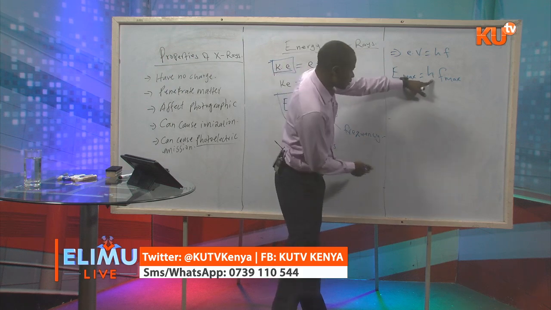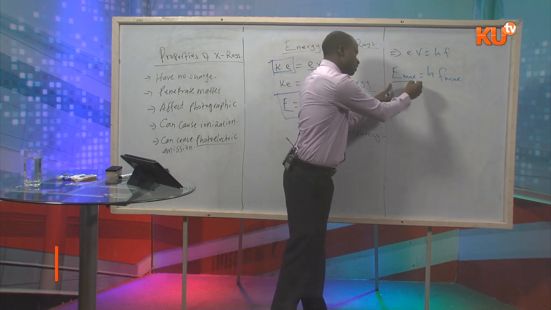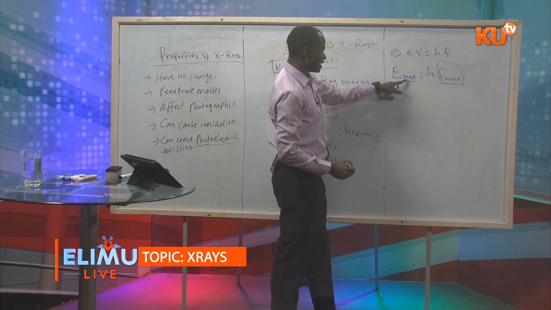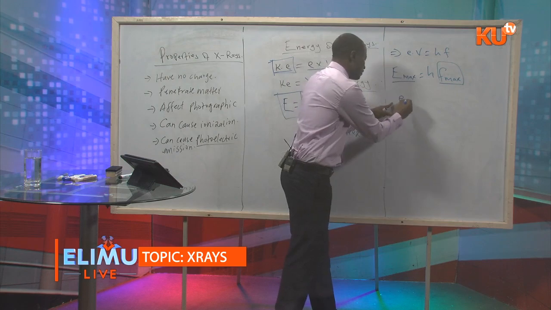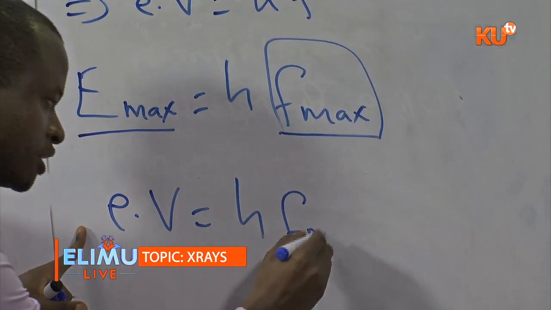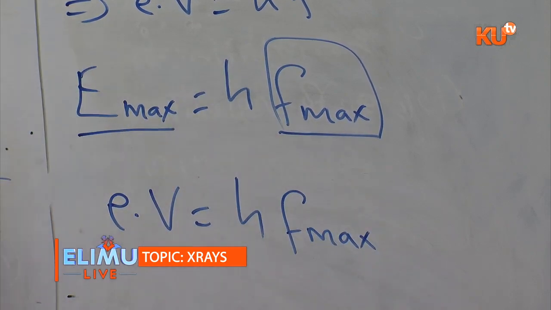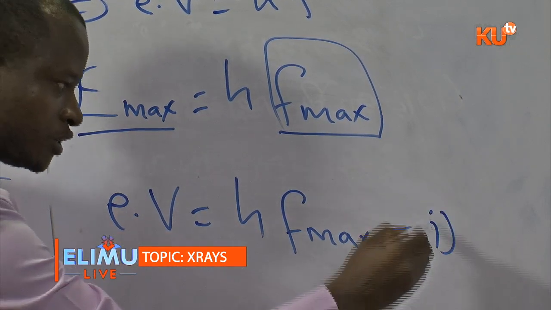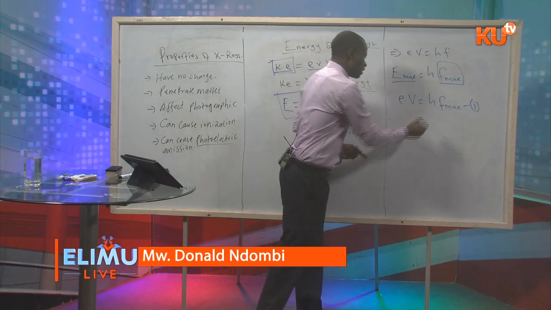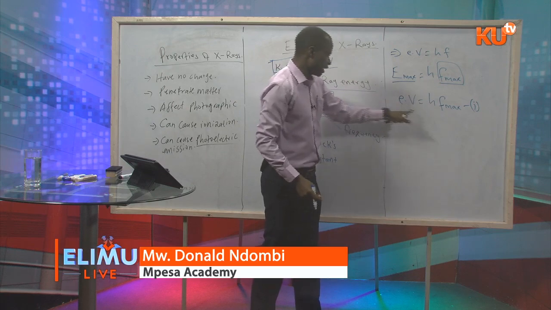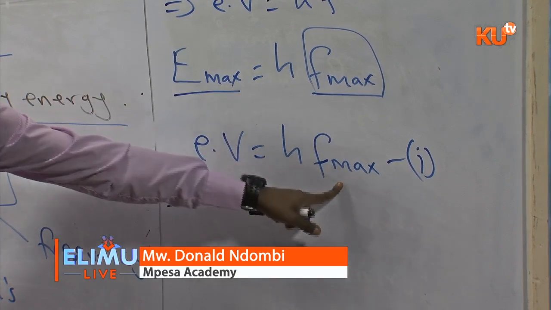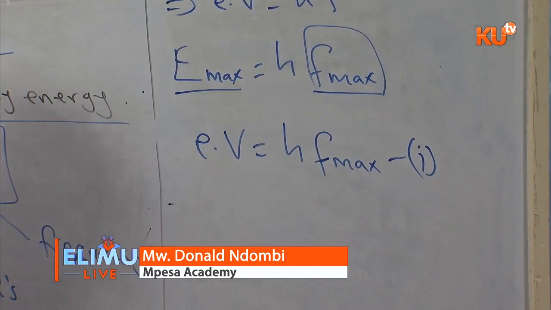So our h here is a constant, therefore our energy depends entirely on the frequency of radiation. So replacing E max with eV, we shall have eV equals Planck's constant times the maximum frequency. So this is one equation. You can use this equation. So if you are given the frequency of radiations, you can calculate the accelerating potential. You can make f max the subject of the formula.